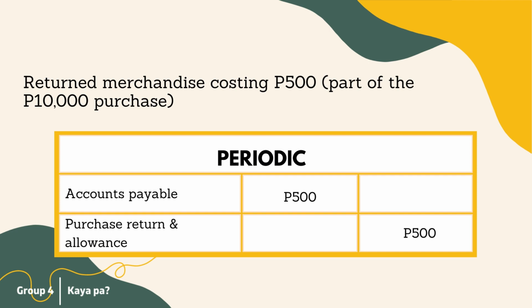So definitely there will be changes. So our accounts payable will decrease by 500. So we will debit that. Debit accounts payable 500 and then credit purchases, returns and allowances 500. So this is periodic.